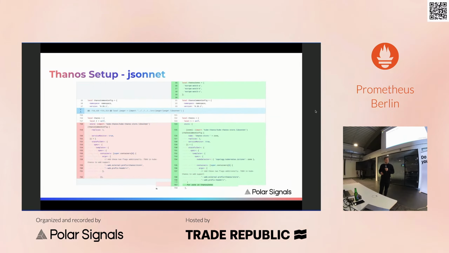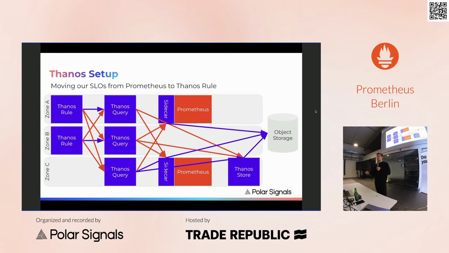Yeah, so this is the Jsonnet part. It's kind of an insider joke, because I love Jsonnet. A lot of people don't like Jsonnet, but bear with me on this one. So basically, the deployments of all of these components that we have here, we specified using Jsonnet instead of YAML.